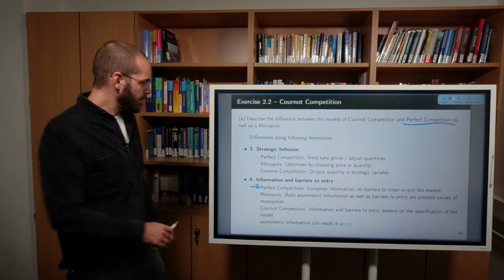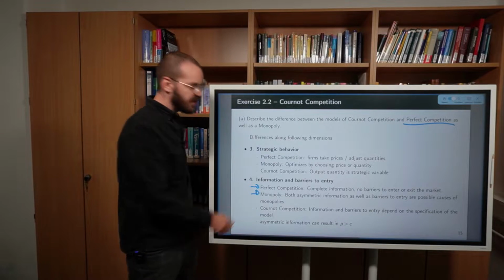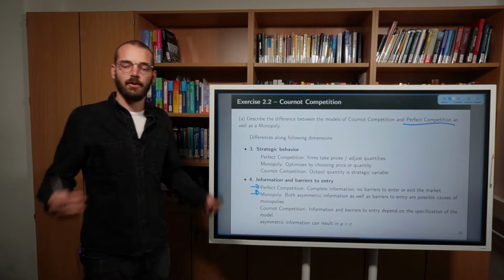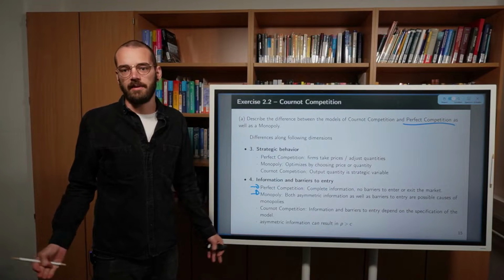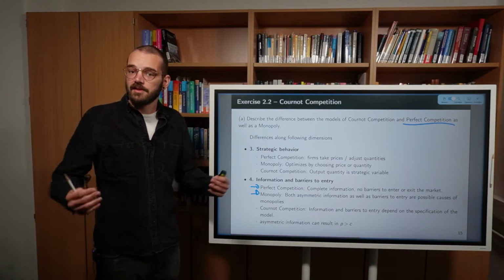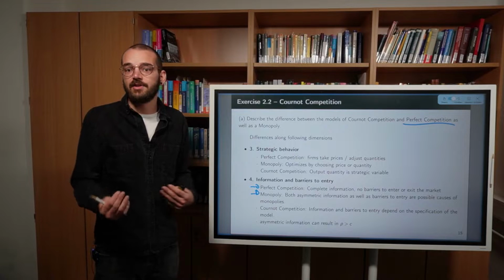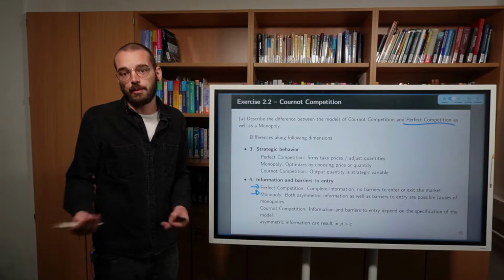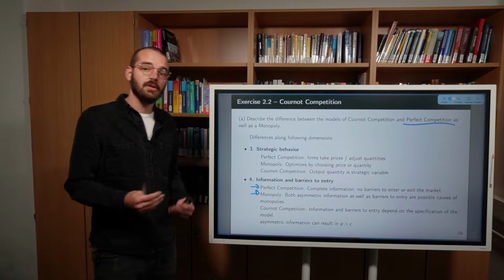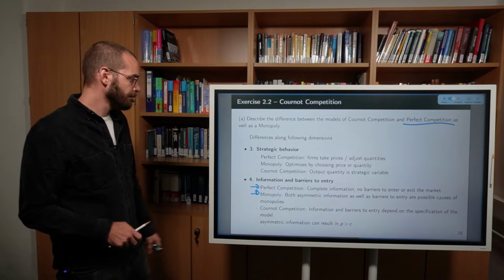In the monopoly, well, it really depends on the specification. We can have a look at a monopoly with or without barriers to entry. And the implications of these models will depend on what we assume. So in general, both are possible.